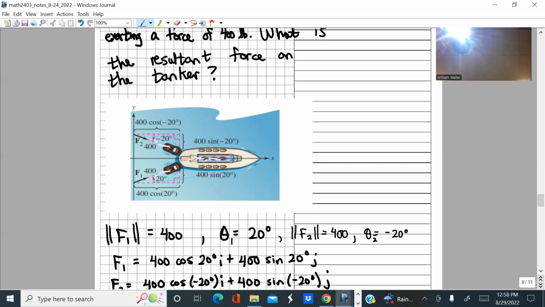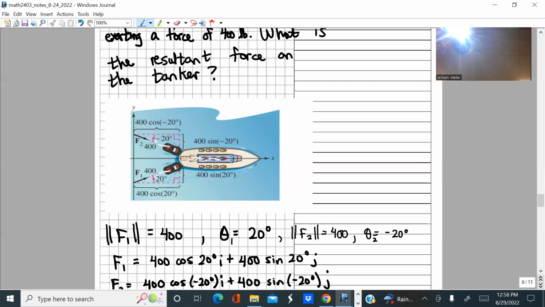The magnitude of the vector is the force applied by this tugboat, and the direction of that vector is exactly what you see in this picture. So you can represent this force from tugboat 1 as a vector, and that's what we're going to do here.